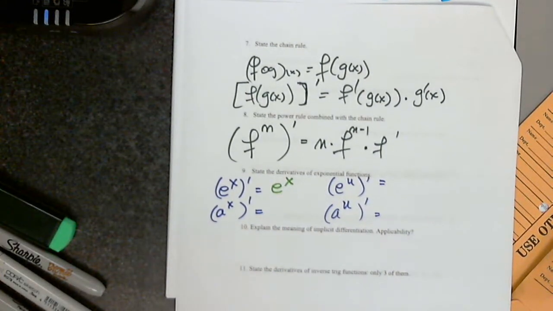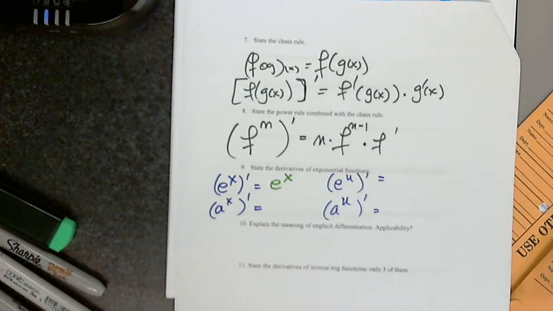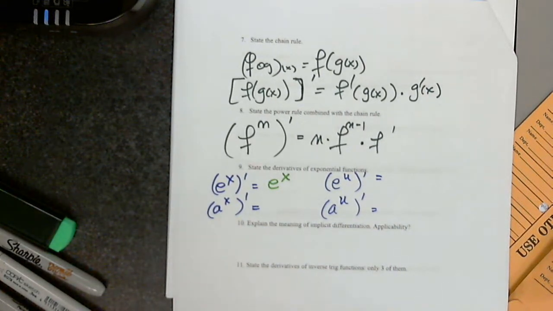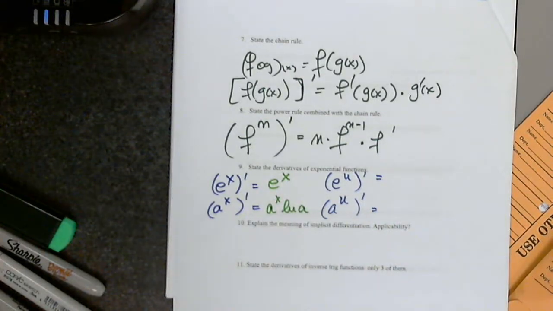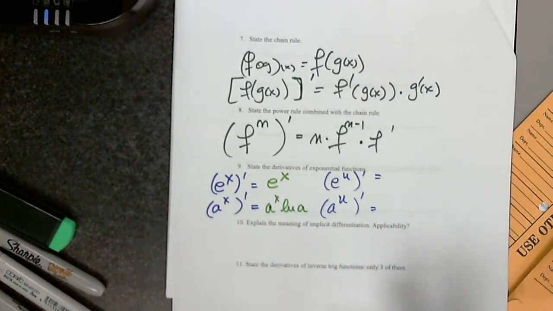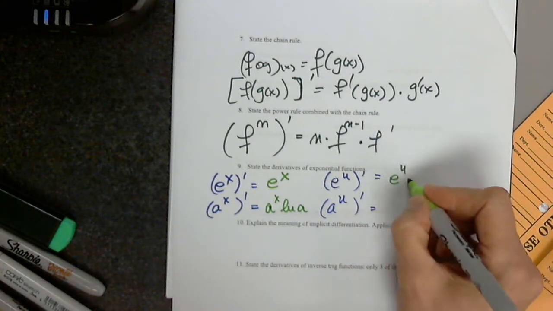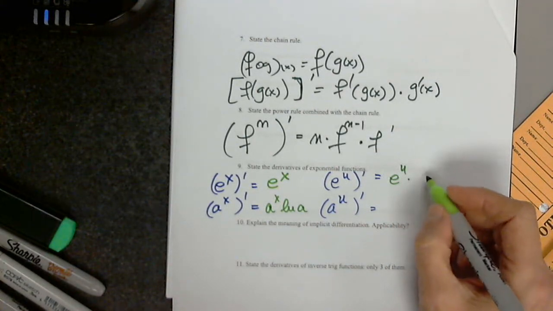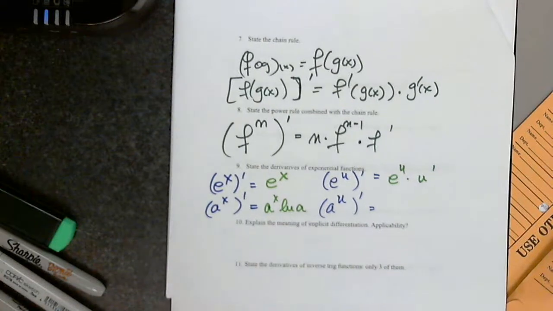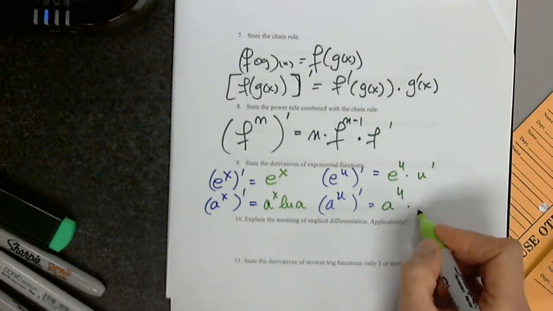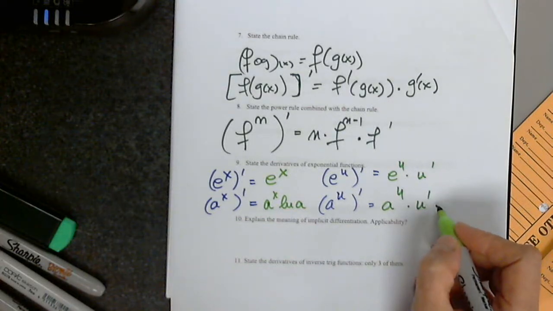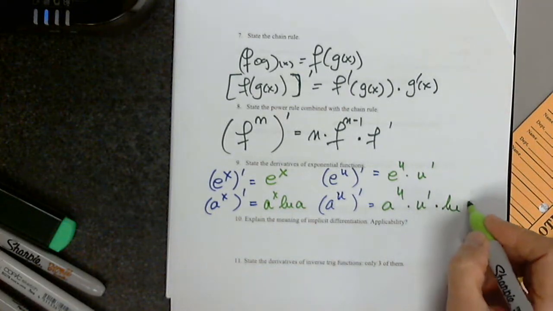What do I write for the second one? a to the x times natural log a. Similarly for the other two, e to u times u prime, and a to u times u prime, but also times natural log a.